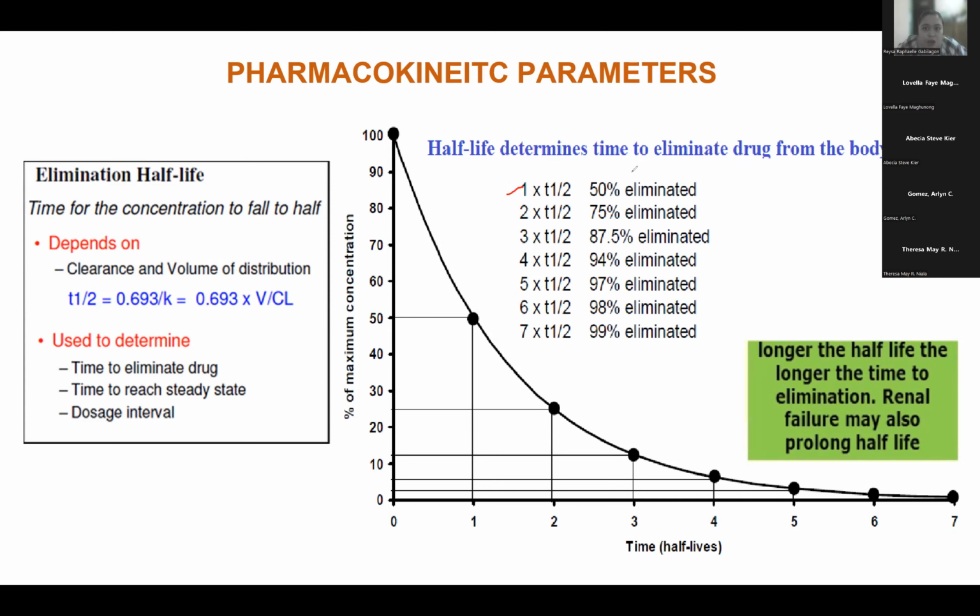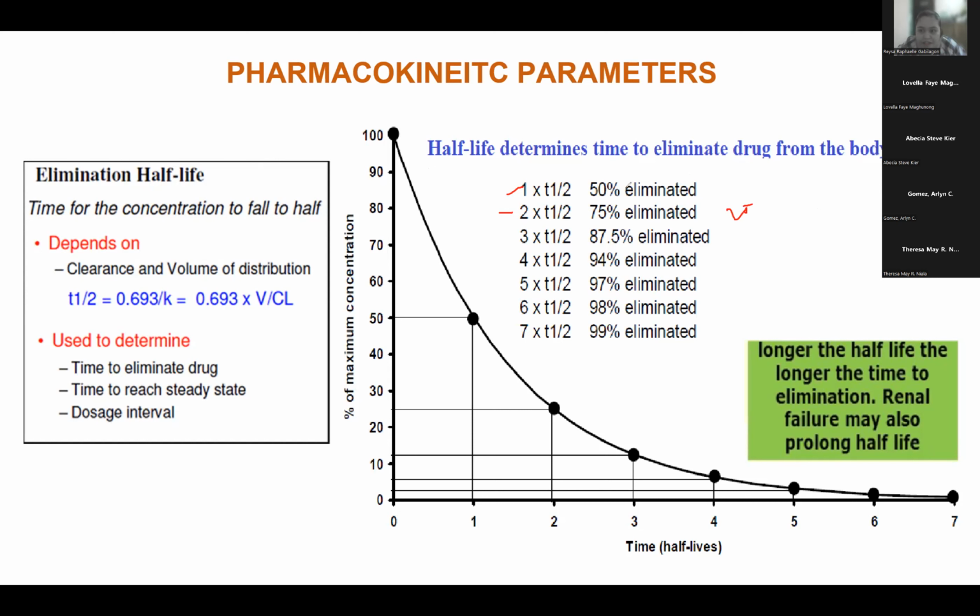So, definitely, one half-life means 50% of the drug is being eliminated. So, after another half-life, so 2 times the half-life, that means 75% of the drug is being eliminated. So 25% remains and so on. Meaning it will take 7 half-lives for us to eliminate 99, almost 100% of the drug in the body.